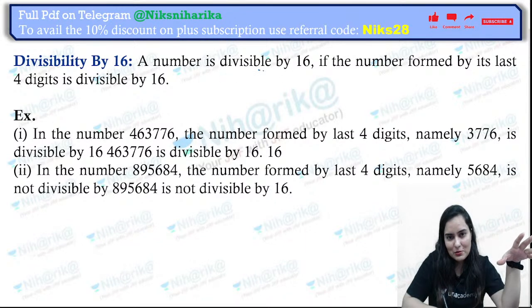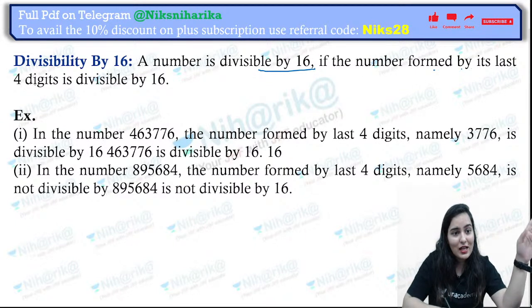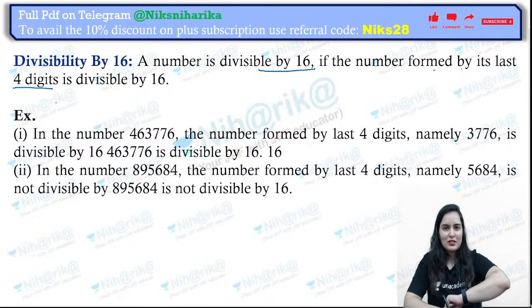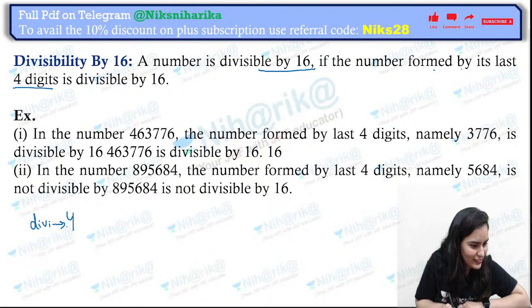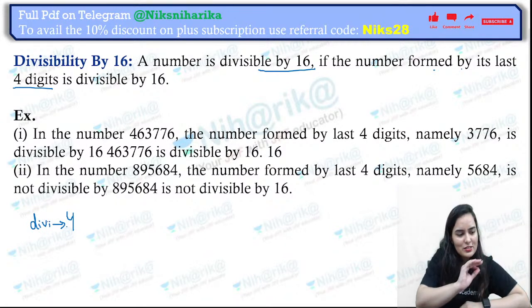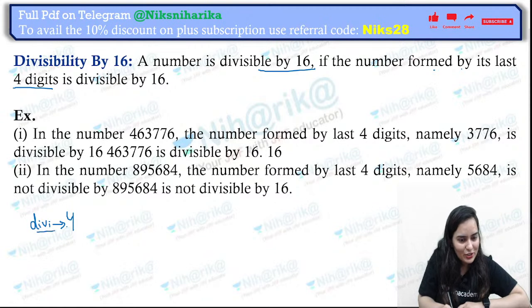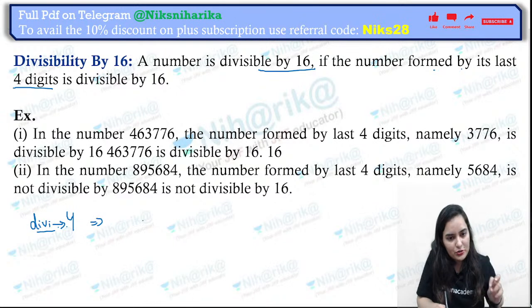If a number is divisible by 16, it is decided by its last 4 digits. Now this is pretty simple. Why? Because for divisibility by 4, which digits do you check?